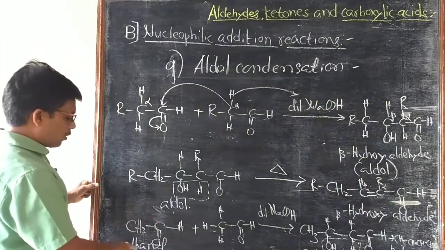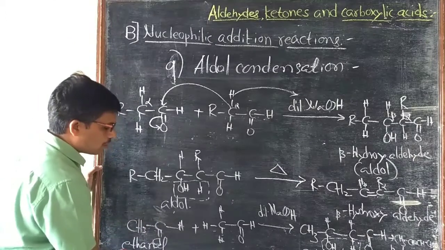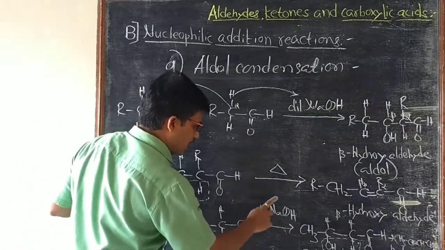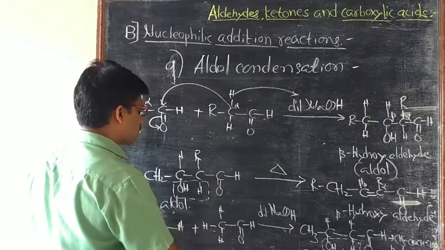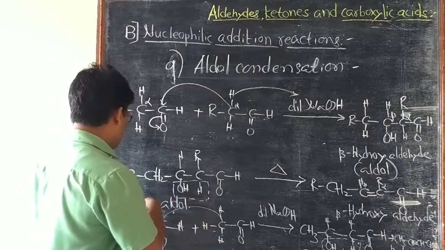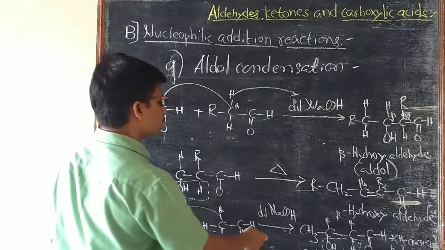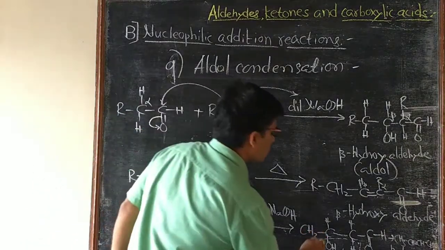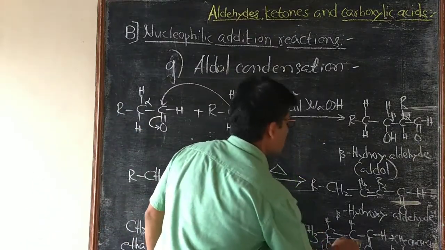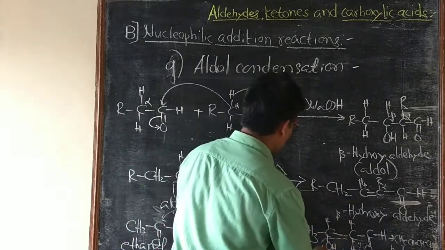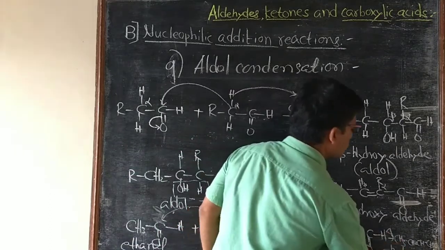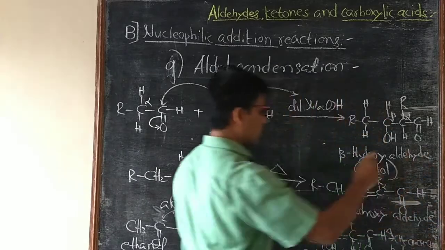Once again I repeat, ethanal in presence of dilute NaOH undergoes nucleophilic addition. This nucleophile attacks the carbonyl carbon of the first molecule to form 3-hydroxybutanal. On further heating, it eliminates a water molecule to form but-2-enal.